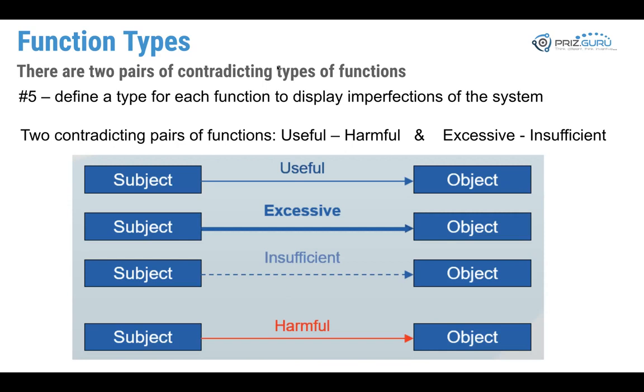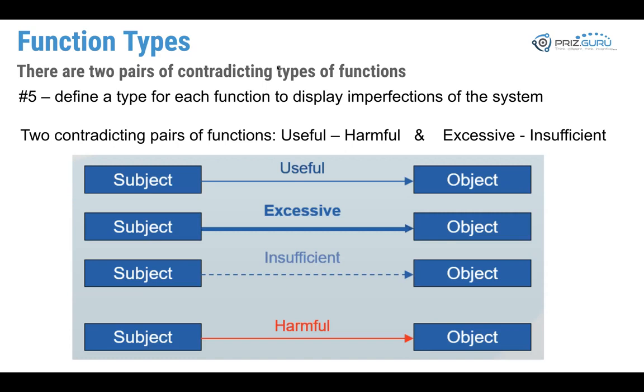Another example, say we have a pump, right? A pump is built to pump water from one place to another. And the useful definition of the function would be that it pumps water with the speed and the pressure that it's supposed to, right? What it's built for. But in general, it's built to move water. Excessive could be that it maintains too high a pressure, right?